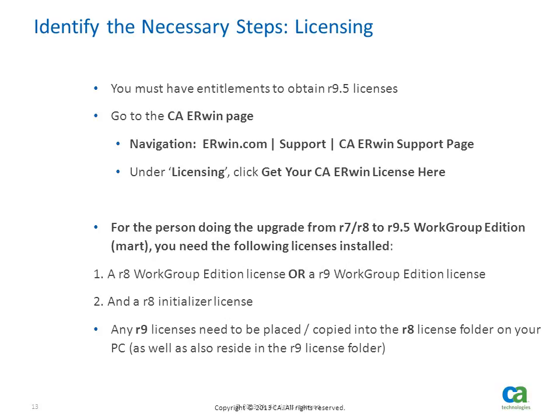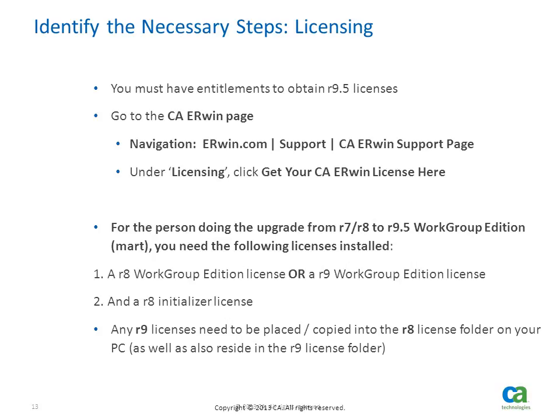For the person doing the upgrade from R7 or R8 to R9.5 Workgroup Edition, you will need the following licenses installed: a R8 Workgroup Edition license or a R9 Workgroup Edition license. You will also need a R8 Initializer license.